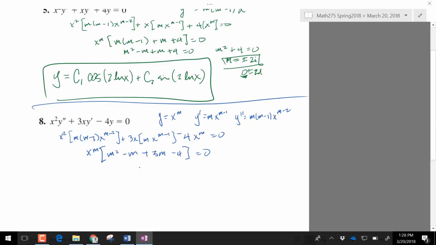And then we got m squared, is that a plus 2m? Is this going to be another complex?